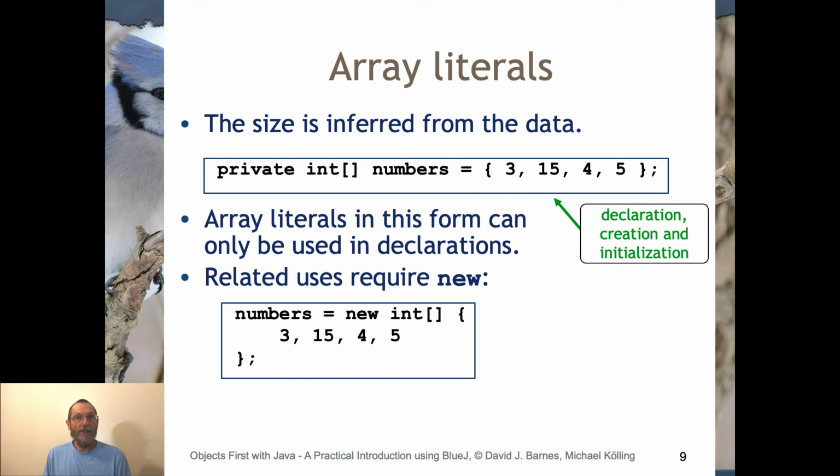Notice that in the first example we don't use the keyword new, whereas in the second example we do. We have to say new int, the pair of square brackets, and then that set of initial values is written between the curly brackets. So slightly different syntax is used for the creation of an array object and initialization at the point of creation.